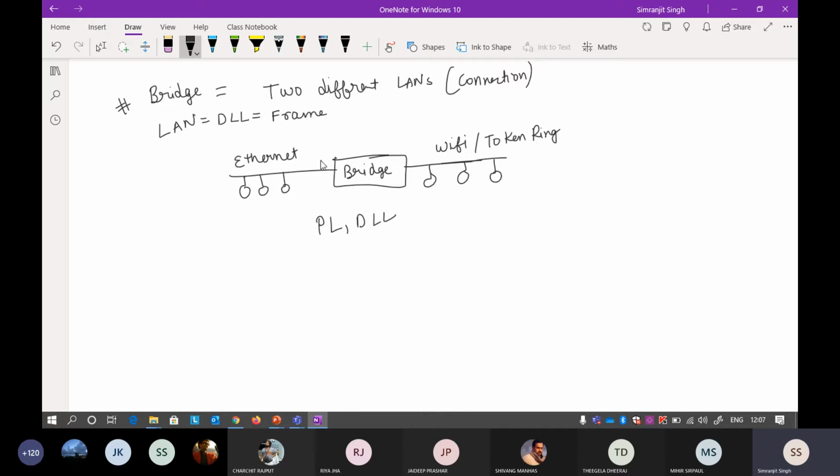Suppose this is your port A, so this side is called port A, and this side is called your port B. Now, because this bridge has the additional functionality of a data link layer, it can read the source MAC address as well as the destination MAC address. This bridge now has the added functionality.